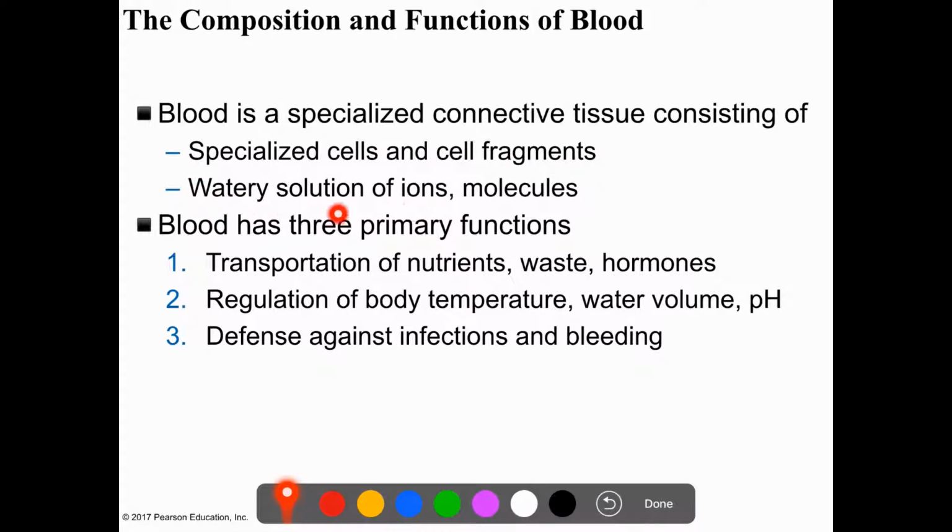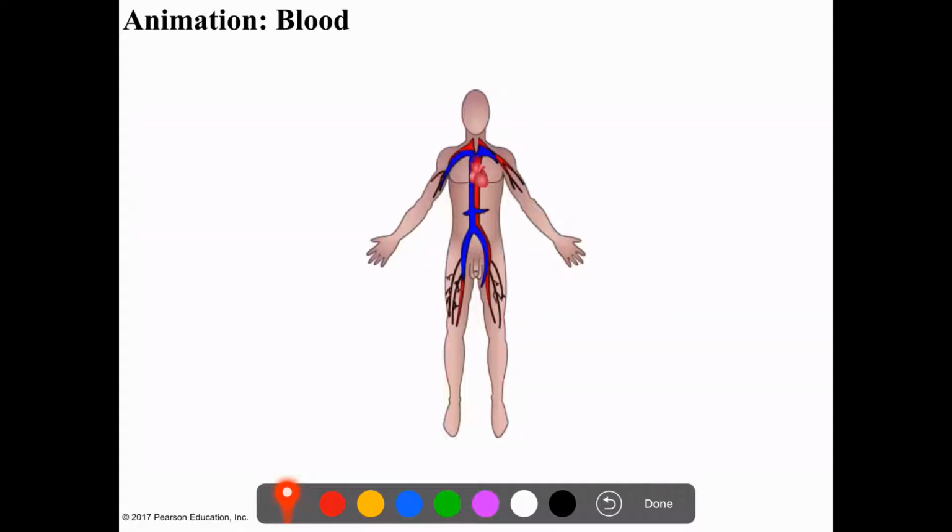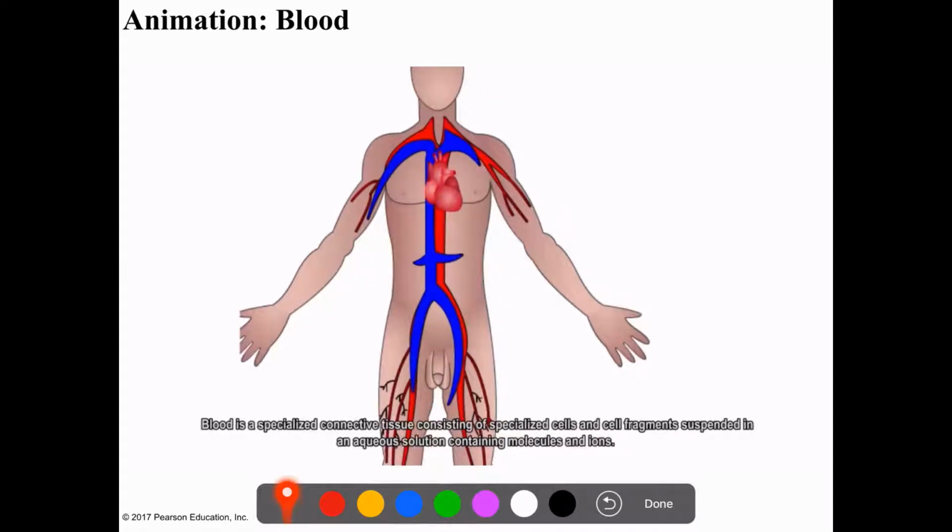Also, it contains a watery solution of ions and molecules, and we will explore some of these ions and molecules. In general, blood has three primary functions: transportation of nutrients, waste, and hormones; regulation of body temperature, water volume, and pH; and it defends against infections and bleeding. So all of these are general functions of the blood.